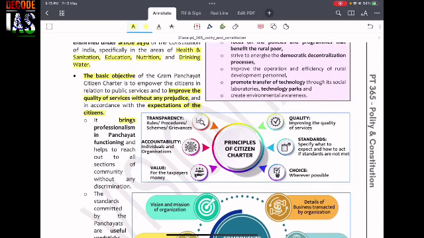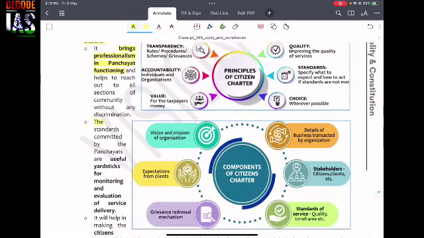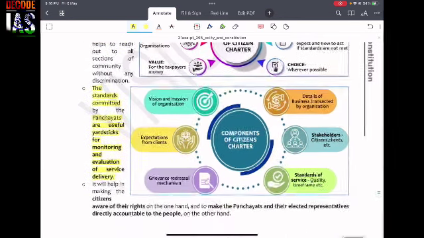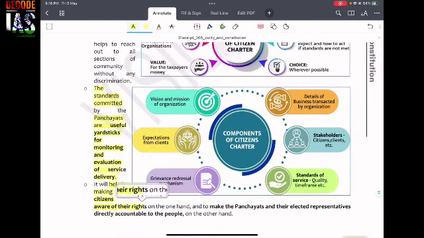So it brings a kind of professionalism in the Panchayat functioning, which is an essential part. The standards which are committed by the Panchayat are useful yardsticks for monitoring and evaluation of service delivery. It will help making the citizens aware of their rights, and at the same time, they can make the Panchayat and their elected representatives directly accountable to the people.